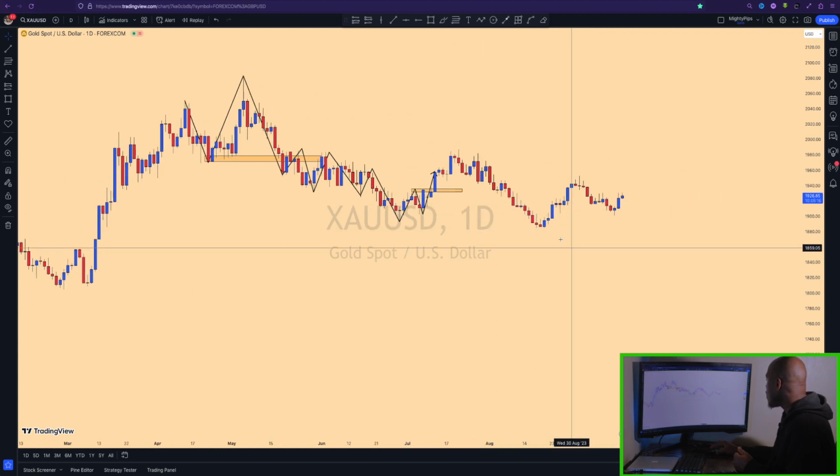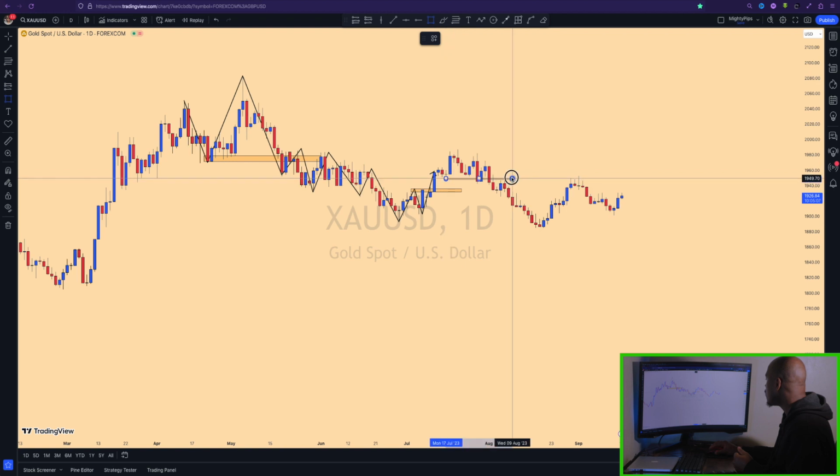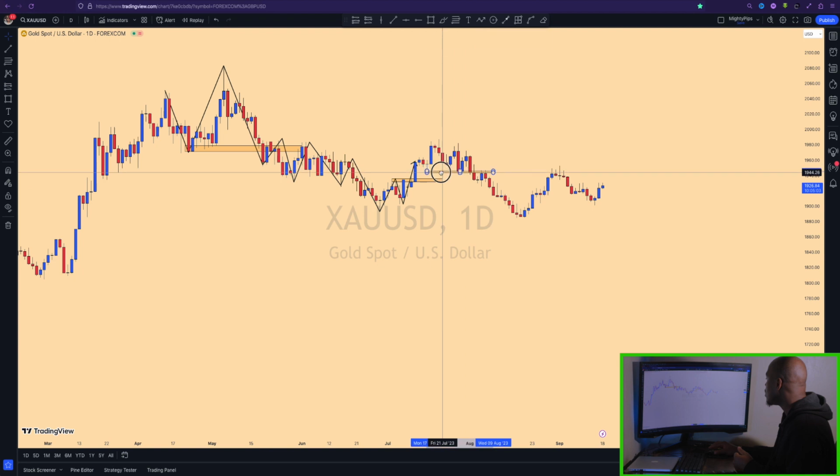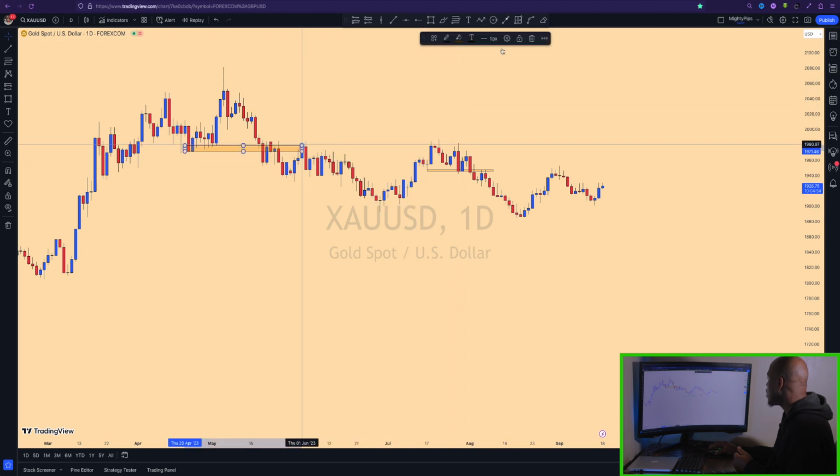Now the market structure break which happened here, this was the next break of structure. These are small levels, but if you know how to find them, you can really see them on the charts. So this was a shift in market structure to the downside. I want to keep the chart clean enough so that you guys can see the relevant price action.